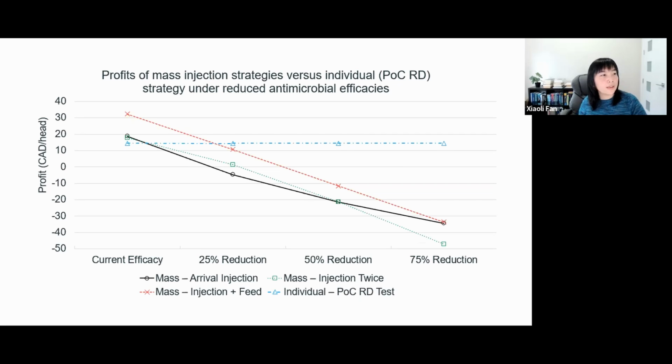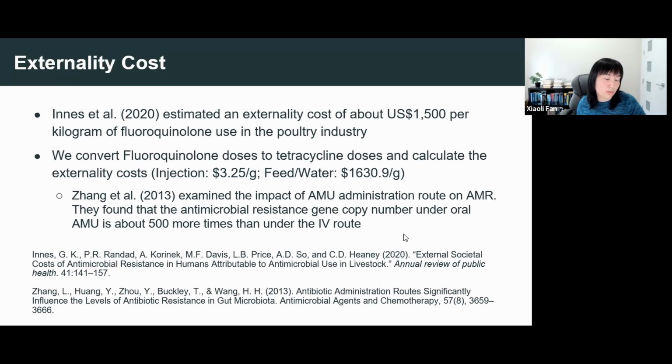And if the antimicrobial efficacy is further reduced to, for example, 50% lower, then they will have negative profits. So if in the future the antimicrobial resistance issue continues to get worse, then those strategies will not be profitable anymore.